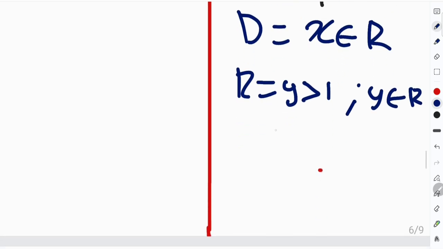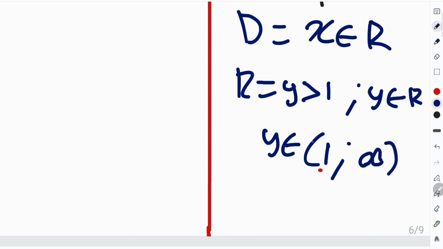Or another way I can write it is y is an element of (1, positive infinity). You can also see I'm using a round bracket to show that 1 is not included, because 1 is an asymptote.